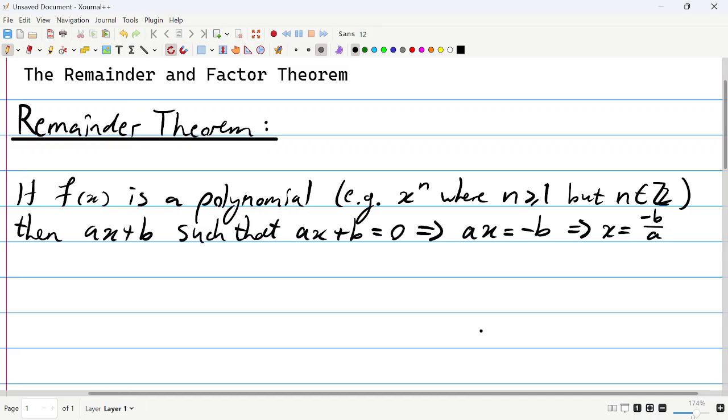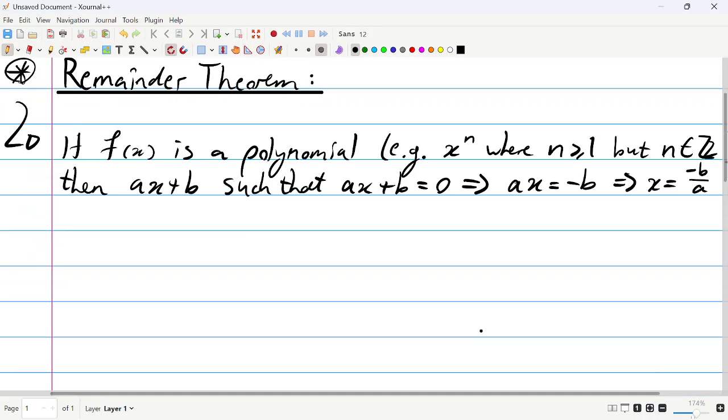Thus, f of negative b over a, which is f of x but because you solved for x it's now negative b over a, is going to be equal to some remainder, but we say it's not equal to 0.